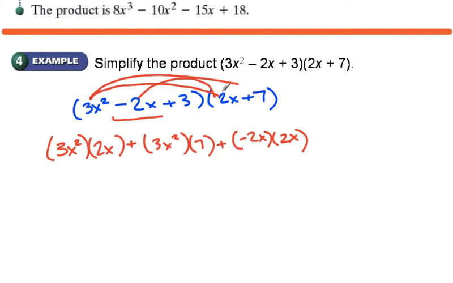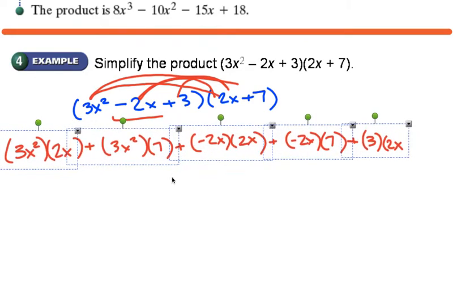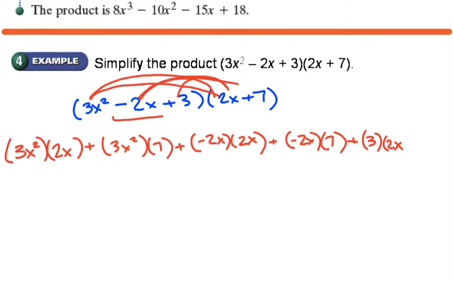Negative 2x times 7. Then 3 times 2x. I'm running out of room, so let me see if I can grab all of this and move it down. Fantastic. Love having the smartboard stuff, huh? All right, and then finally, 3 times 7.